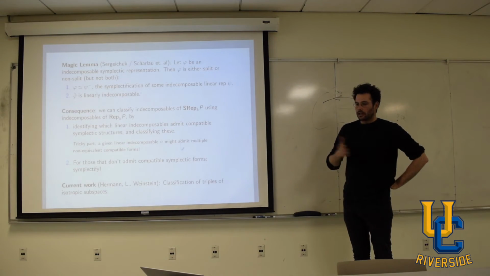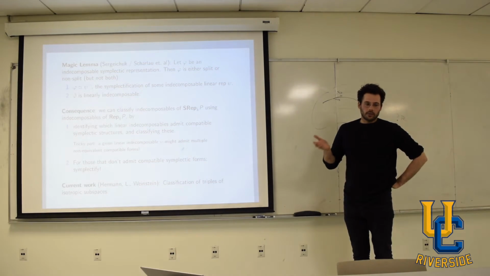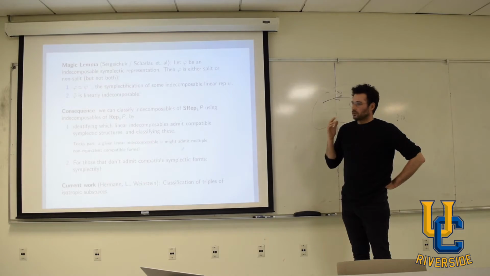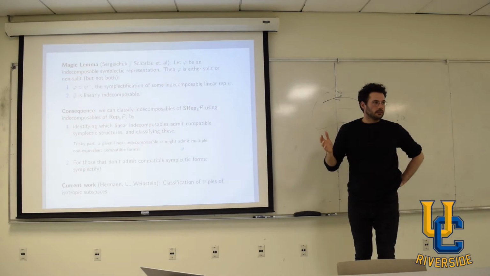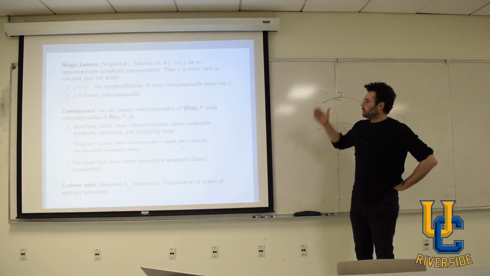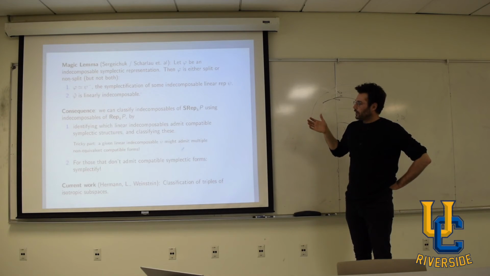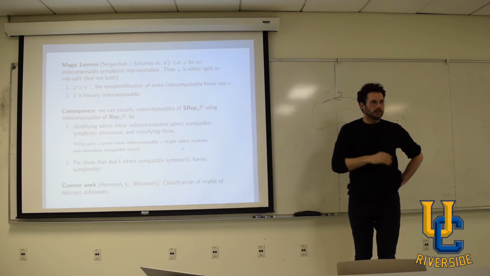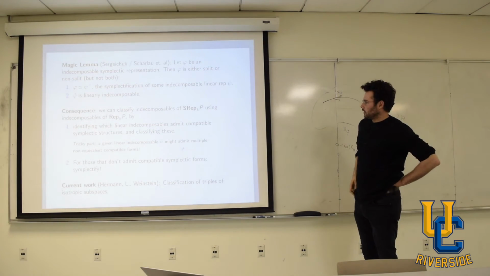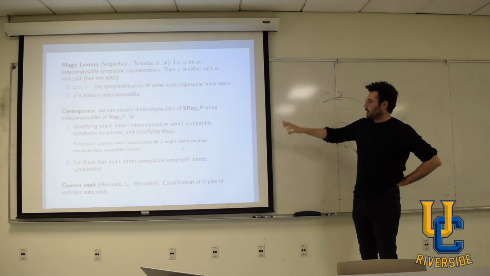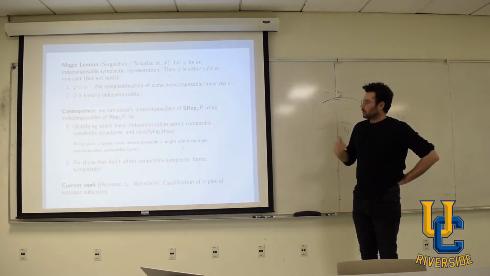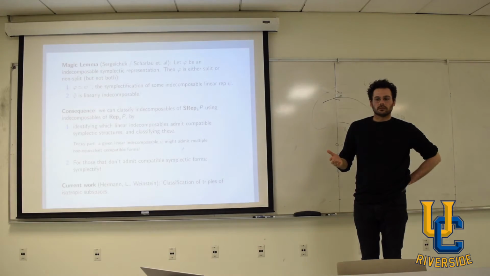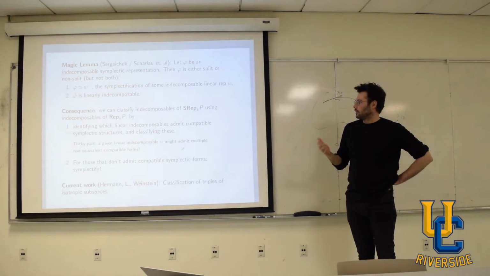If we classify all the ways that we can put a compatible symplectic structure on these, that will give us all of the non-split symplectic representations. Then by this lemma, all the other ones are symplectifications, so we can just take them and apply symplectification, and we're done. The tricky part is knowing all the compatible forms, and which indecomposable poset representations admit such forms.